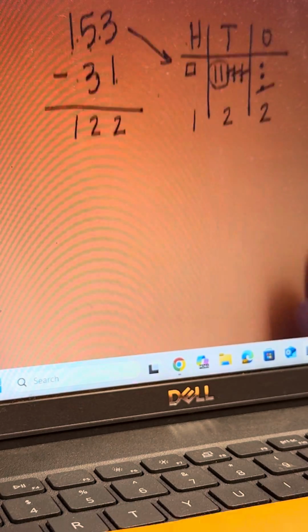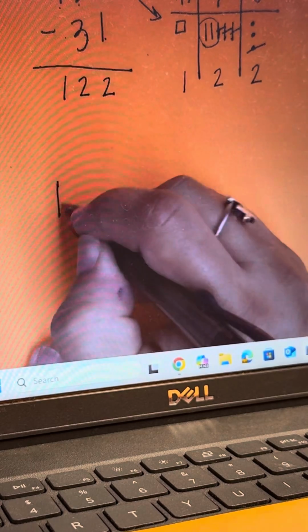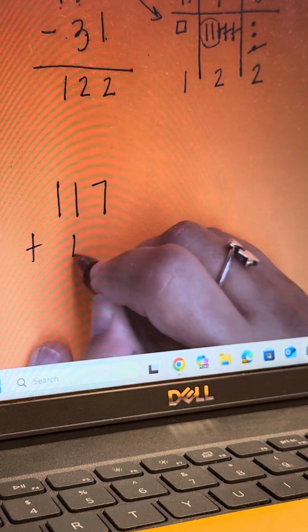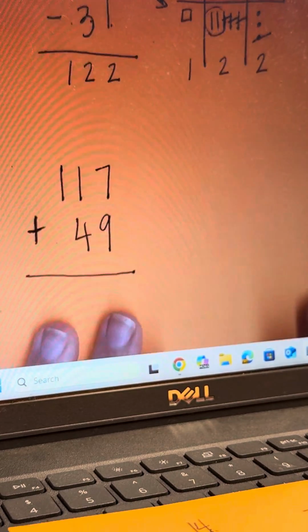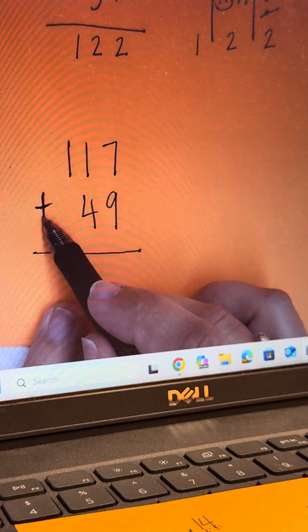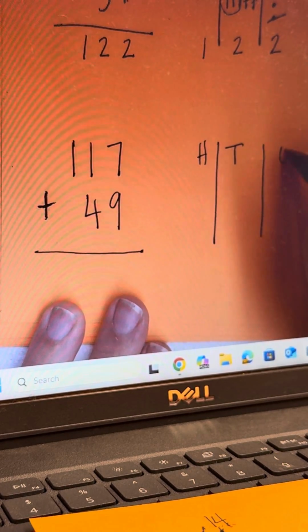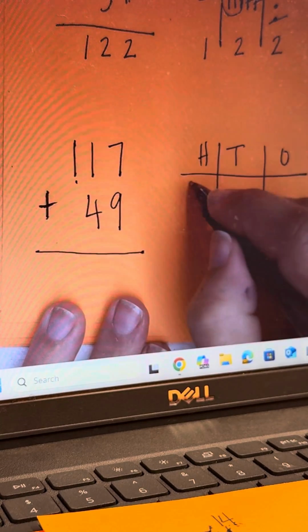Okay, and then the opposite is true with addition. This hung up a few of them also. Let's say 117 plus 49. Okay, this time it's plus. So students, if we are adding, that means we're going to draw more, not cross them off. I have a 1 in the hundreds place.